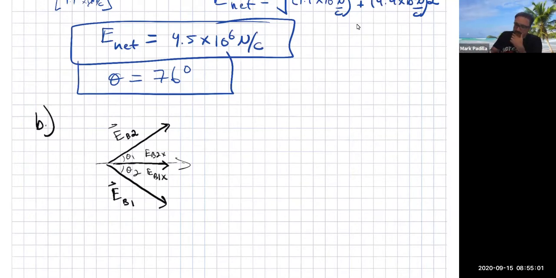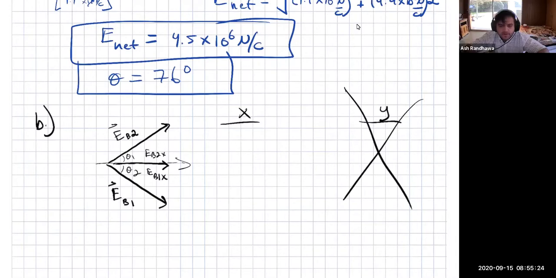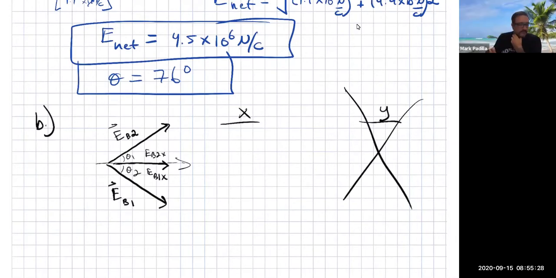So if we're doing x and y components for both those E fields, we don't even look at the y side. Those cancel due to symmetry. So let's just look at the x side. And are those going to be the same as well? Yes. And they're not going to cancel out. They're just going to add on top of each other.